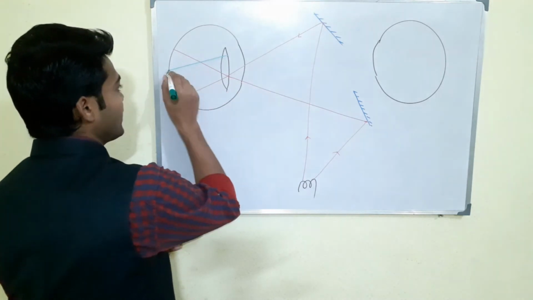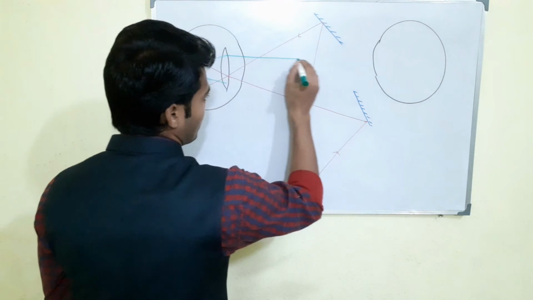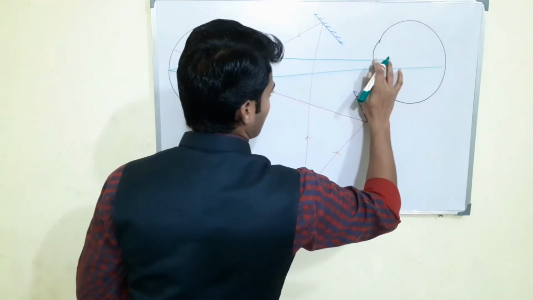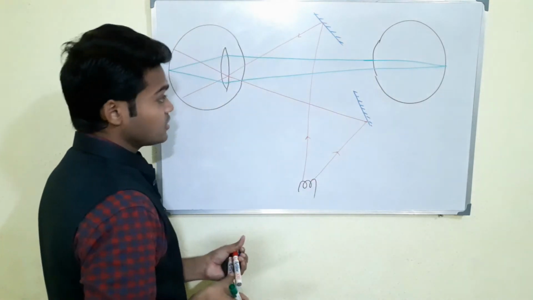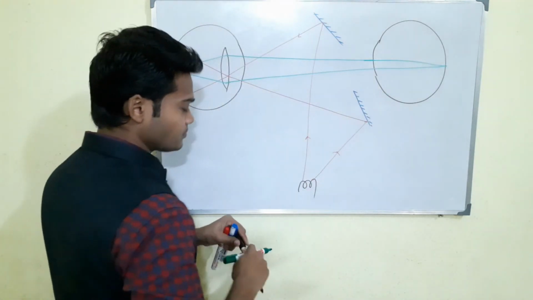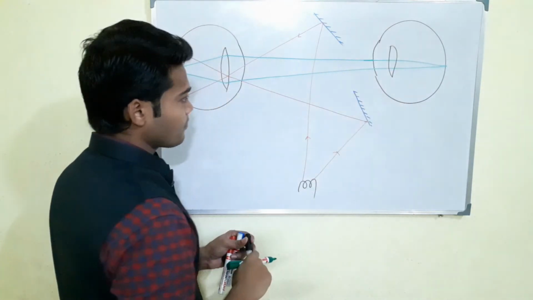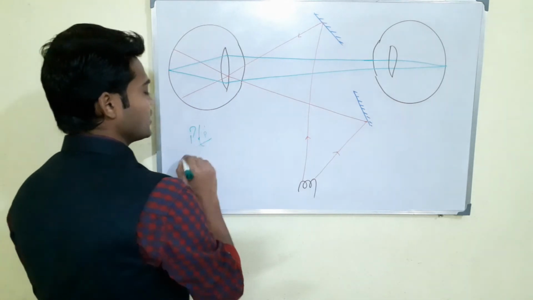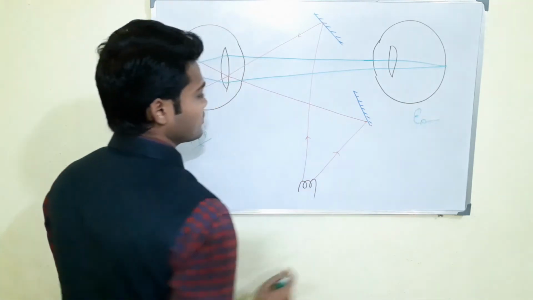Then this red light comes back directly into the observer eye. I think this is a clear picture for you, and this is the lens of the observer. Here is the patient, you can write PTS, and here the examiner, right?